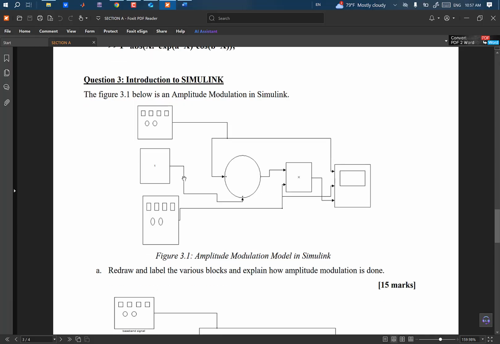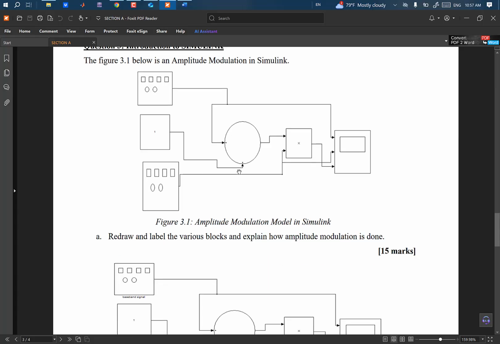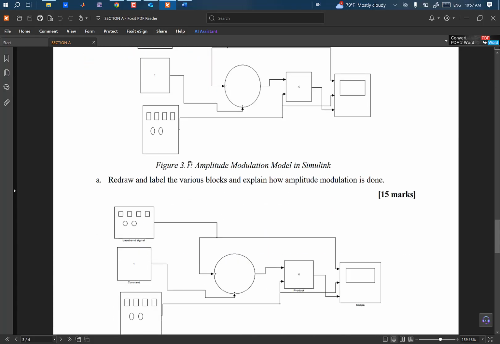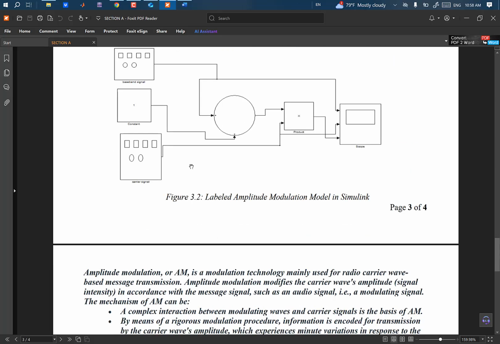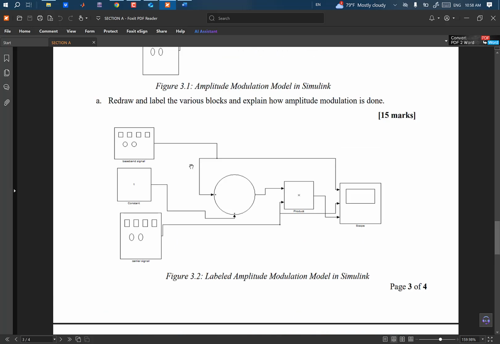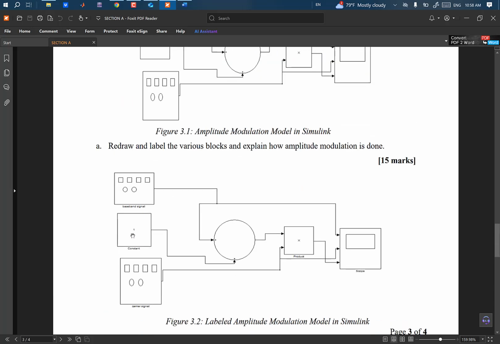Then for question 3, the diagram here said that the figure below is an amplitude modulation Simulink model, and you were asked to redraw and label the parts. Okay, so basically you have the baseband signal, the constant, and you have your carrier signal.